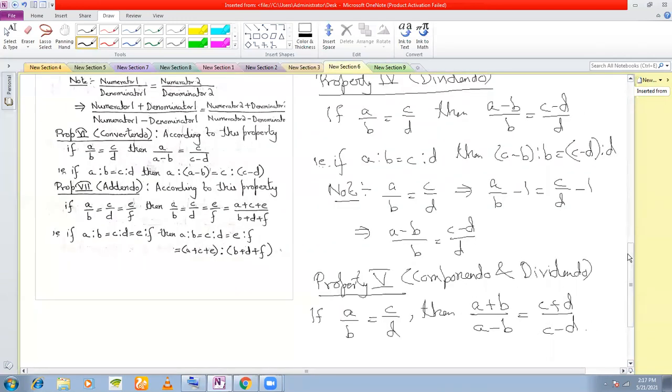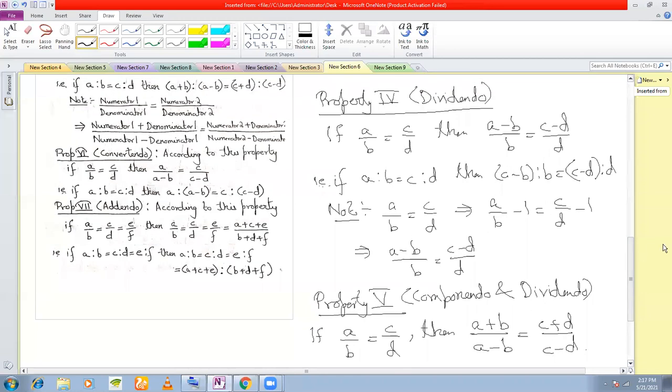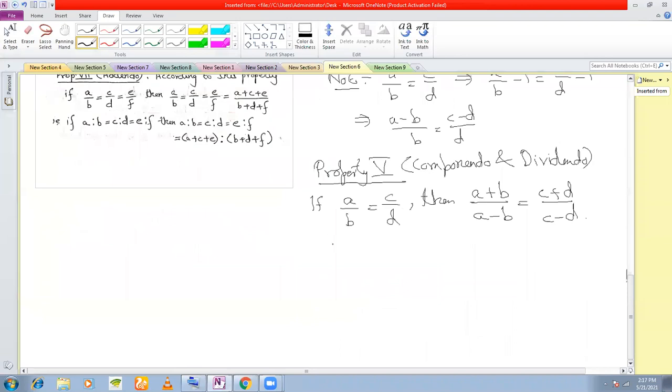To the next two properties. This property 6 here is called convertendo. In fact, convertendo is obtained by taking the reciprocal of dividendo. Let's first write the property.